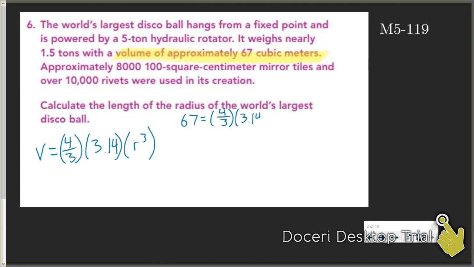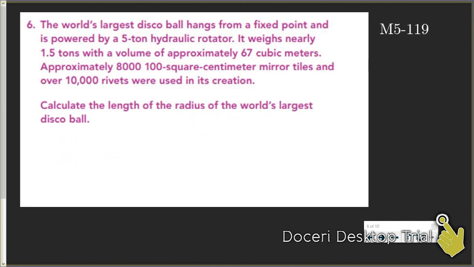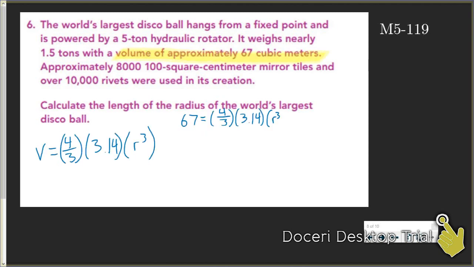I'm going to plug that into the formula first. Our next step is multiplying that 4/3 times pi. We did that on a problem earlier today, and that's going to give us 4 and 187 thousandths, and that is times r cubed.